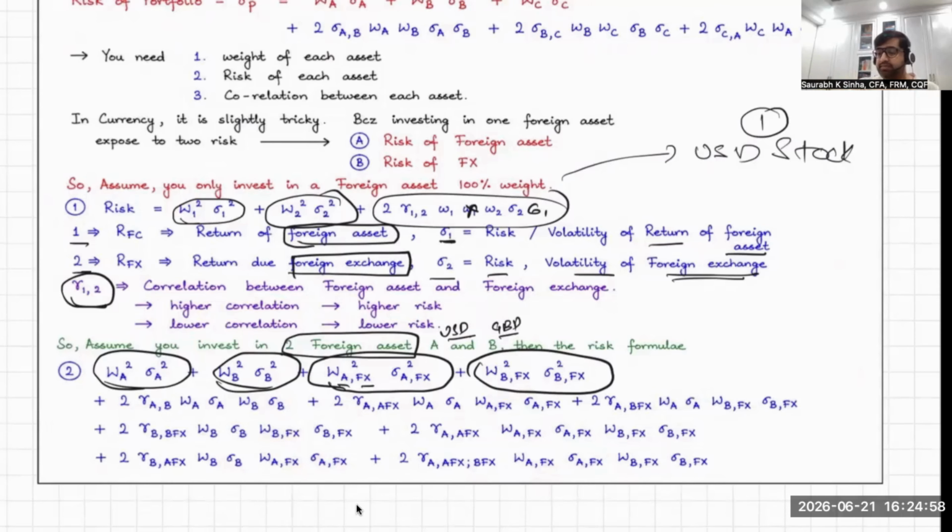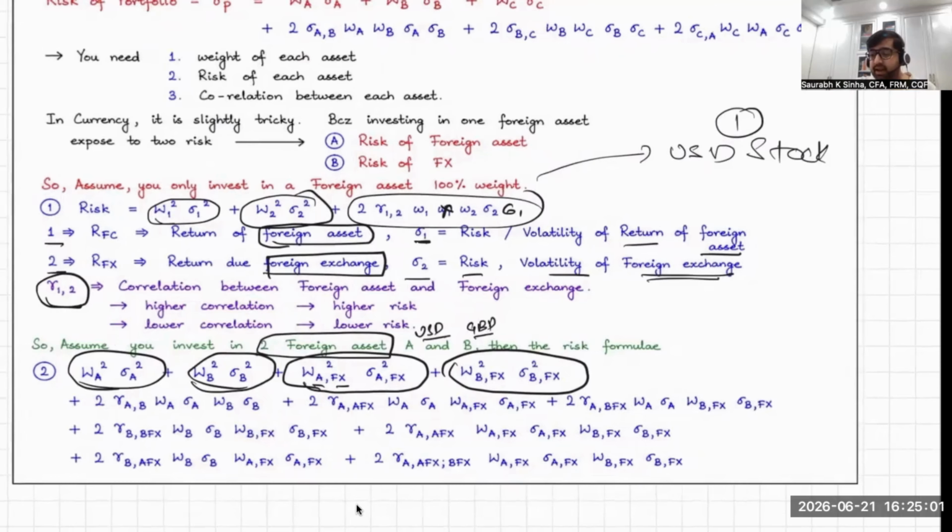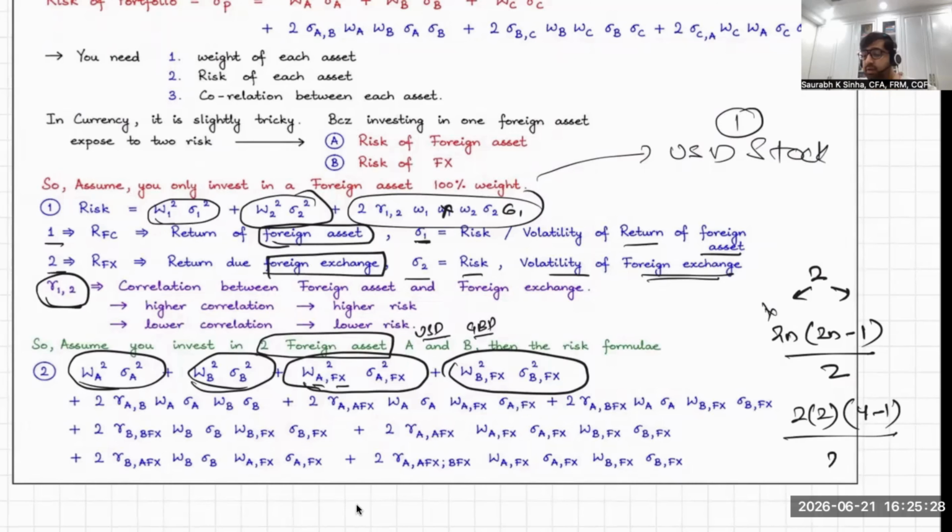So if there are two foreign investments, then the formula to find out the number of correlation terms is 2n times (2n minus 1) upon 2. So if you put down 2 here, 2 into 2 is 4, 4 minus 1 is 3, 4 into 3 is 12, upon 2, that is 6 terms.